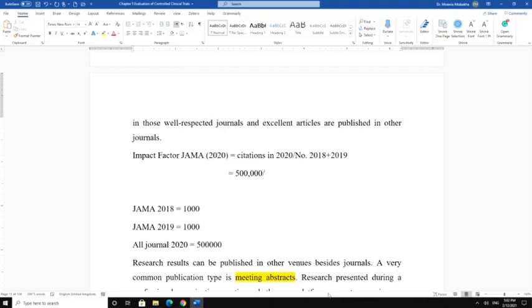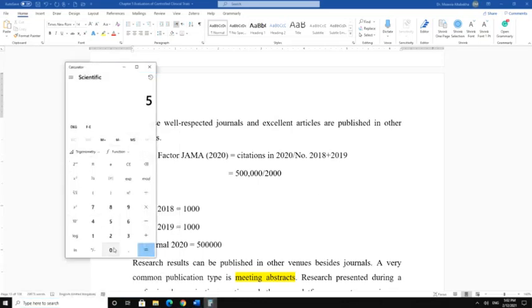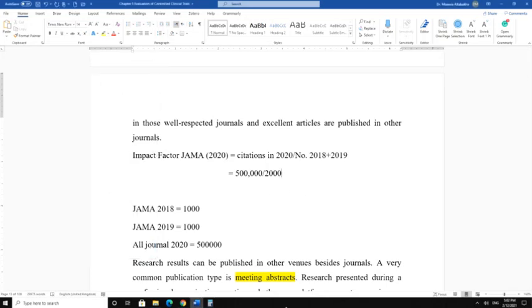Divided by how many articles published? 1000, 1000, so divided by 2000. If we use the calculator, 500,000 divided by 2000 is equal to 250. Of course this is a very large number.